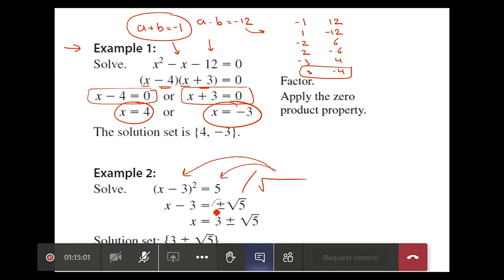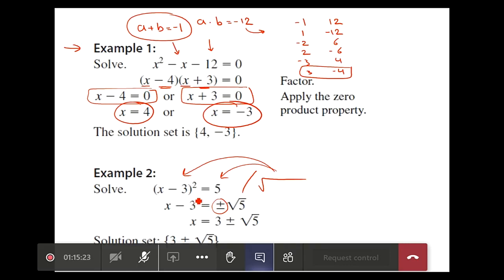But we must put positive and negative on the other side. And radical 5 is still radical 5. No need to simplify or find it by calculator. Put it as radical 5.